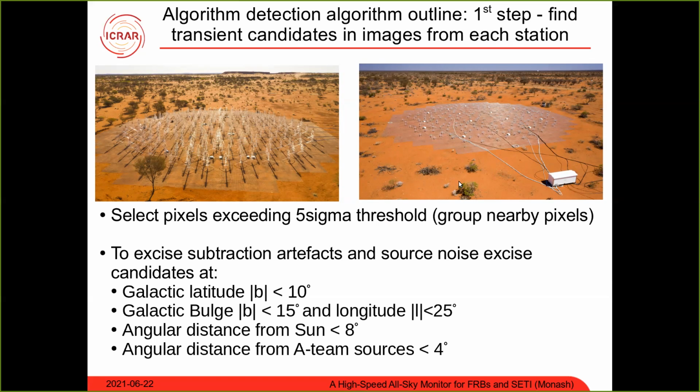Then we also excluded some areas around very bright sources, for example, so-called A-team sources, the galactic center and the galactic plane. This is to exclude the artifacts of image subtraction, because during this very short time of 2 seconds, the sky still rotates a little bit, and very bright sources can produce artifacts of image subtraction.